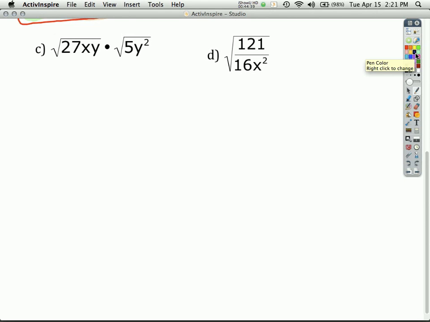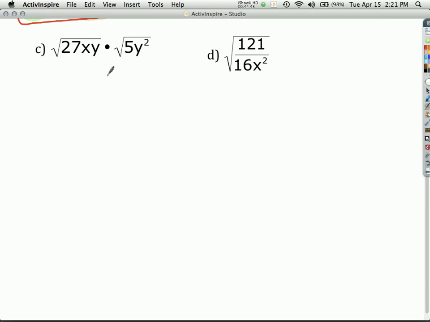And in fact, you can think of this as something that's already been split up a little bit for us. It's a multiplication problem, but we're really trying to split things to simplify them. So we rewrite this as radical 27 times radical x times radical y times radical 5 times radical y squared.